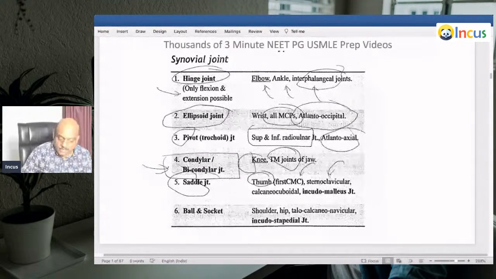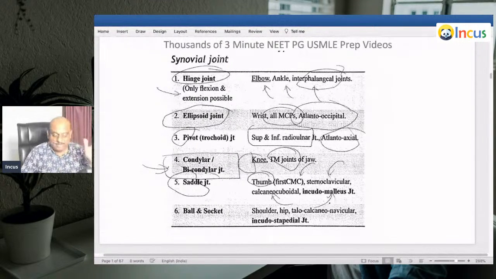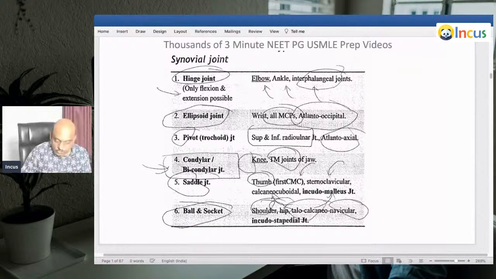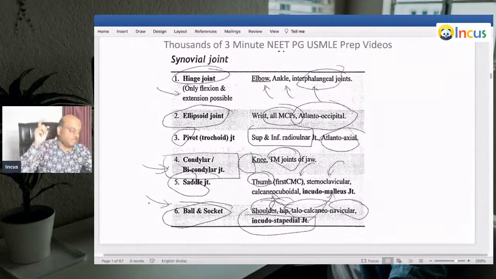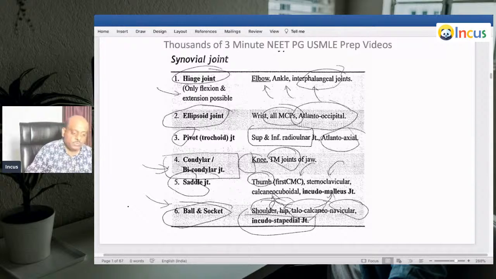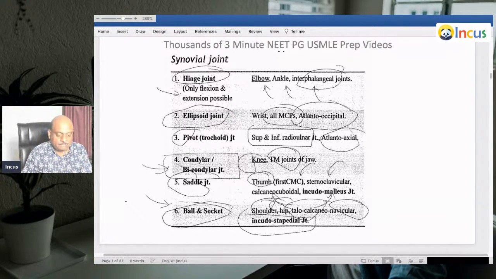Sternoclavicular, calcaneocuboid, incudomalleal, they're all saddle. Then ball and socket, everybody remembers, no big deal: the shoulder joint, hip joint, talocalcaneonavicular joint, incudostapedial joint, they're all ball and socket joints is what you need to remember.